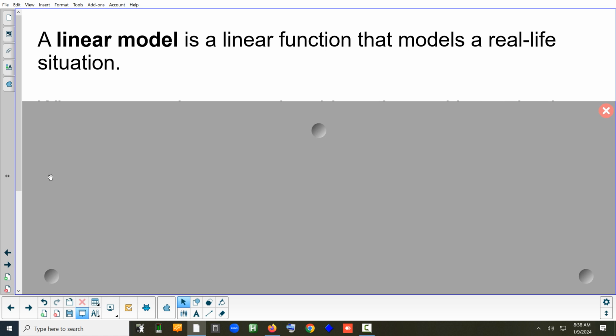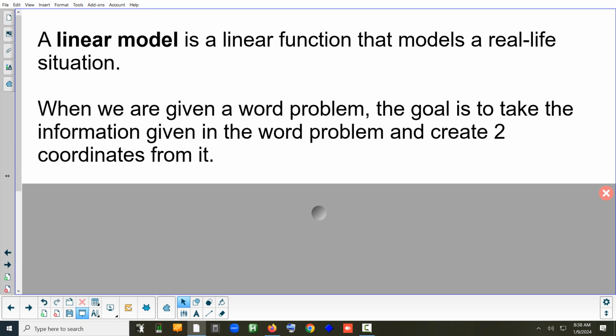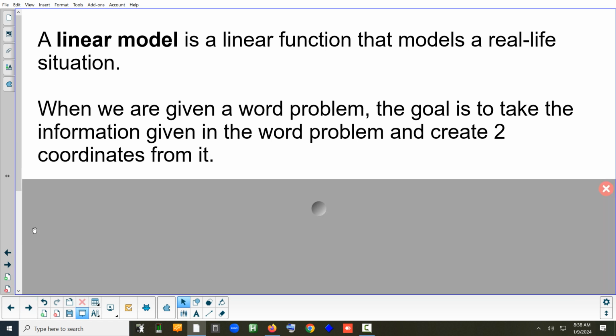So onto the first blank, where you guys have a bullet, and it says a blank is a linear function that models a real-life situation. You're going to just fill in linear model. Okay, on the second bullet, it says, when we are given a word problem, the goal is, and then you want to fill in this part right here.